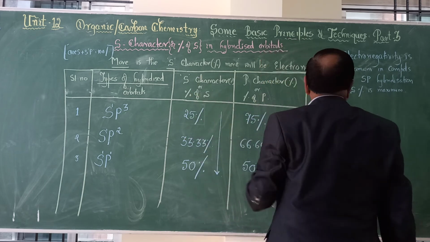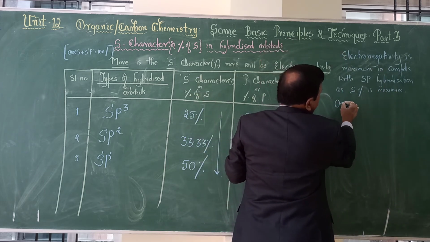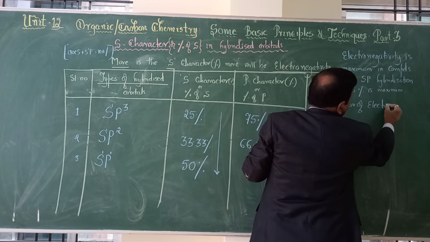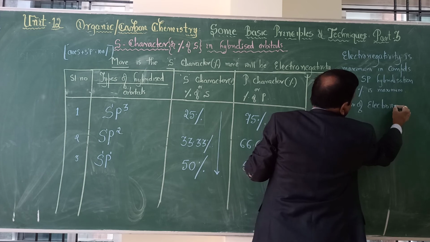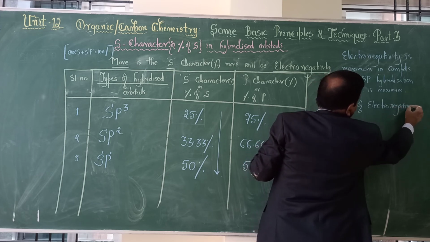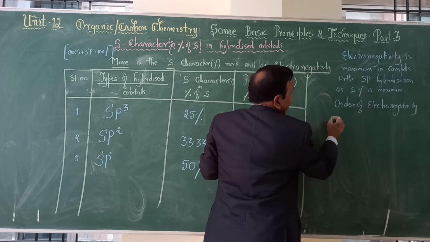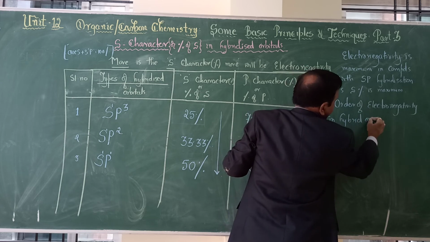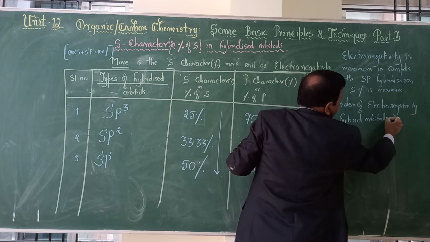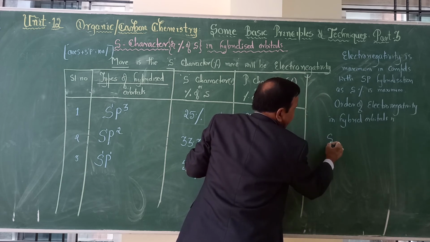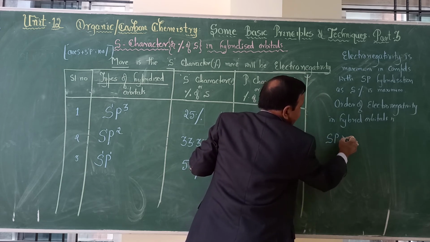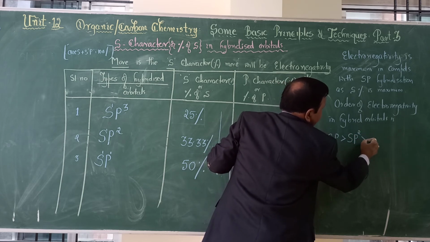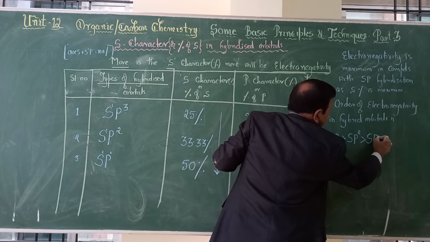Hence, the order of electronegativity in hybrid orbitals is given by: sp is more than sp2, and sp2 is more than sp3.